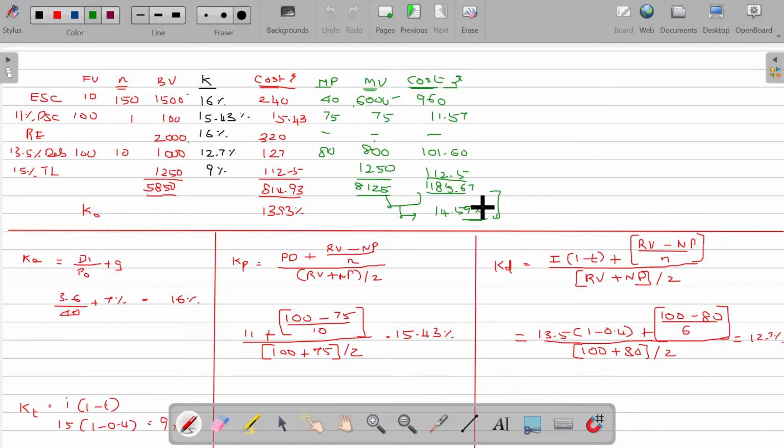Then we'll move on to the capital structure chapter. Okay. Clear?